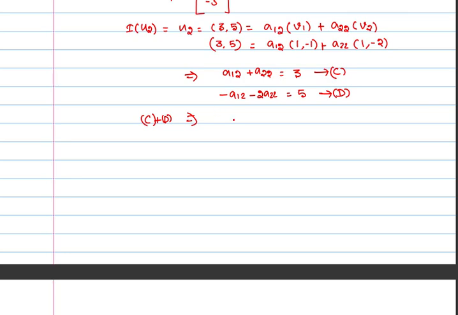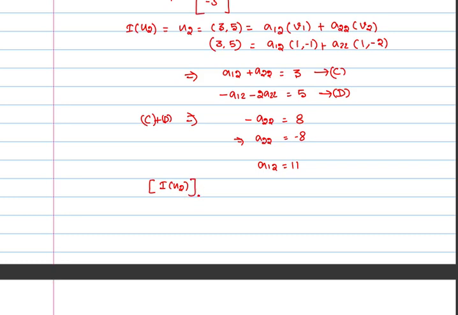If I add, I will get minus A22 equal to 8. This implies A22 is minus 6. Once you know A22, you apply it in equation C, you will get A12 is 11.